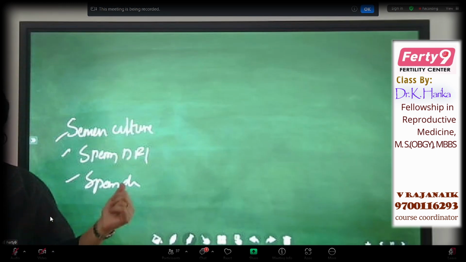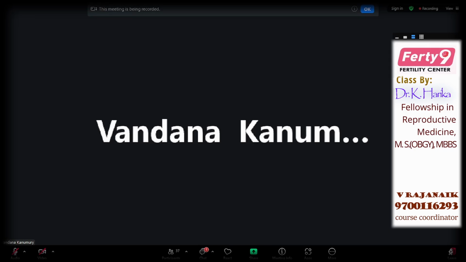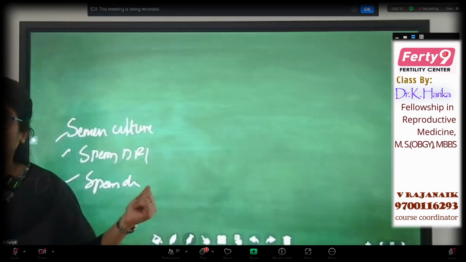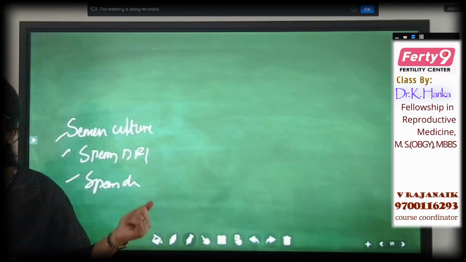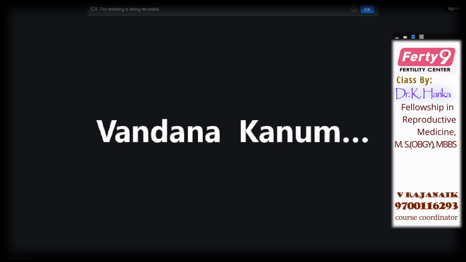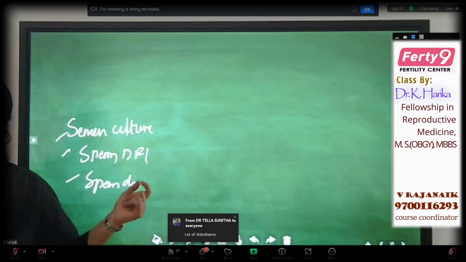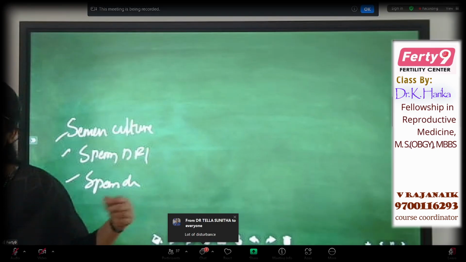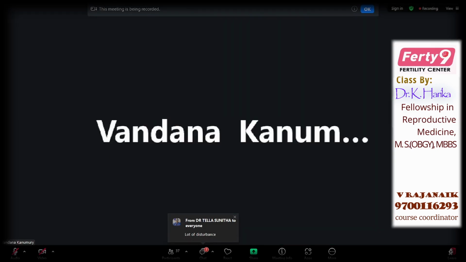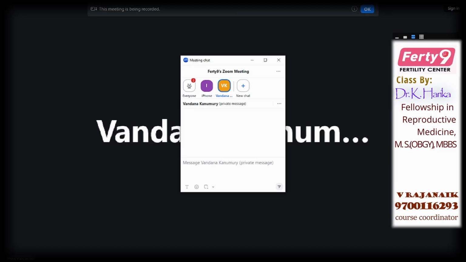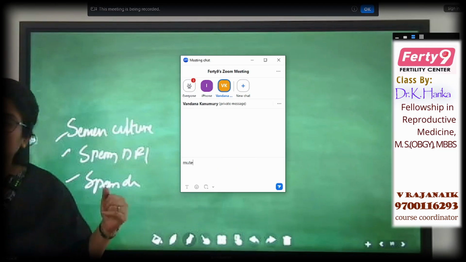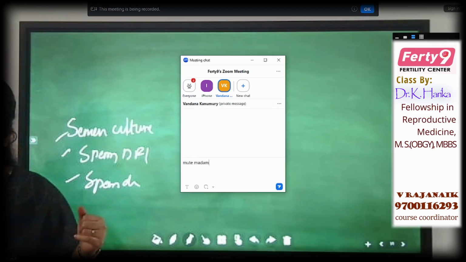DFI is used in unexplained infertility, or in patients with recurrent implantation failure or recurrent abortions, where everything is normal: female factors are normal, and even the male seminal parameters are normal. Just getting a DFI done can rule out the reason for infertility or these mishaps. DFI is nothing but DNA breakdown, DNA damage.